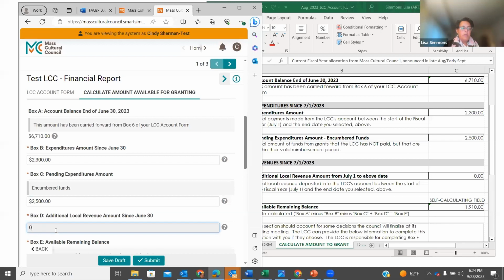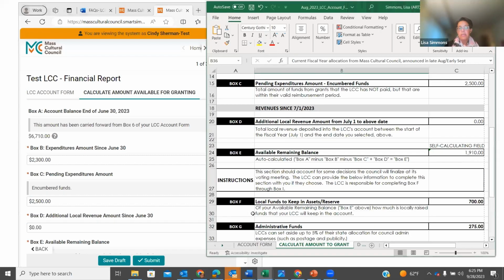Then box D, which we come back over here to look, and we say, okay, do we have any other local revenue? This is not the money that you received in fiscal year 23, but perhaps since July 1st, you've received a donation, or the municipality has decided we have some extra funds, we're going to give $1,000 to the council.